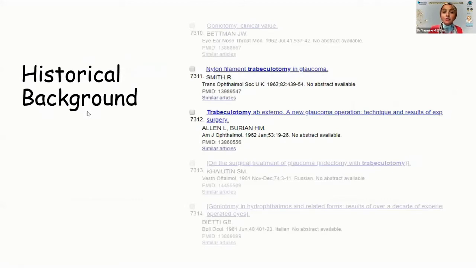Interestingly, the first trabeculotomy ever described was a circumferential one, but for some reason it did not gain popularity. And in the same year, when Allen and Burian described their conventional trabeculotomy with the rigid probe technique, it became the standard procedure and was adopted since then.